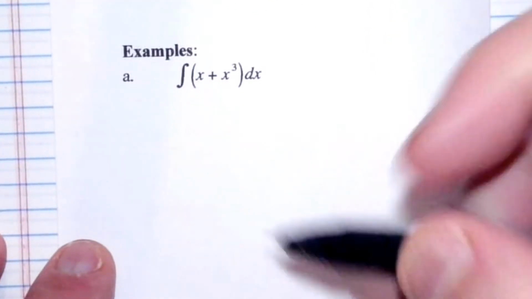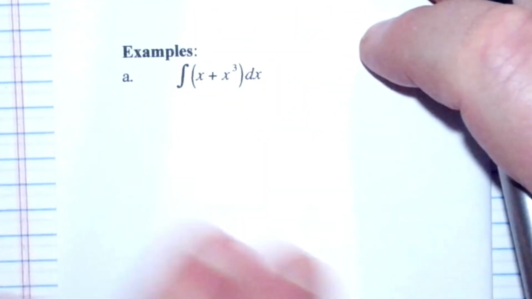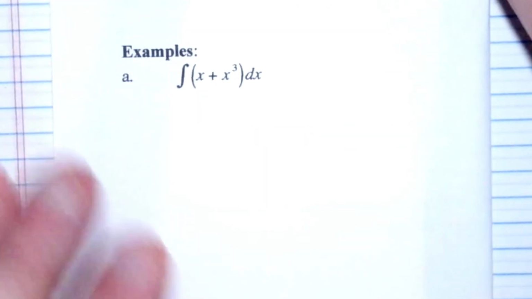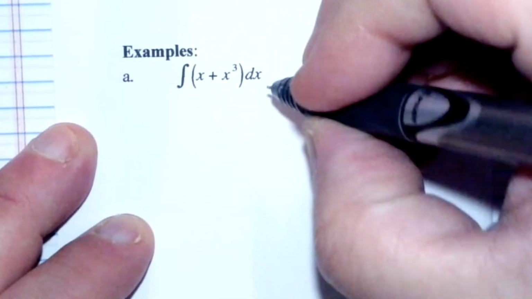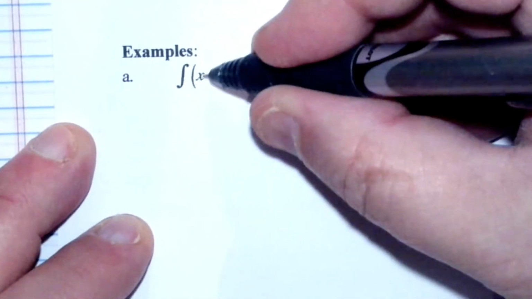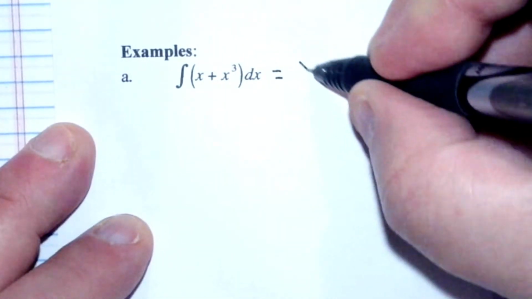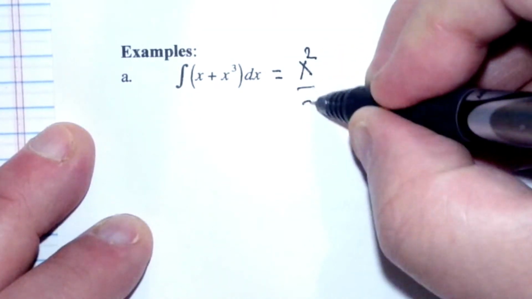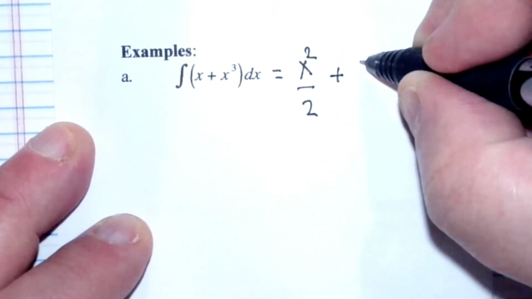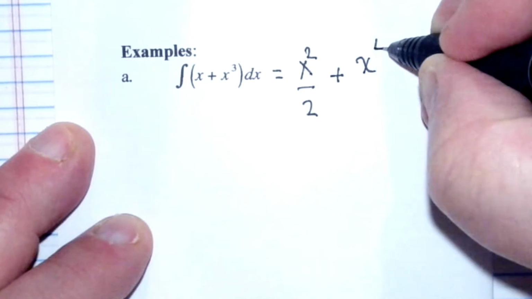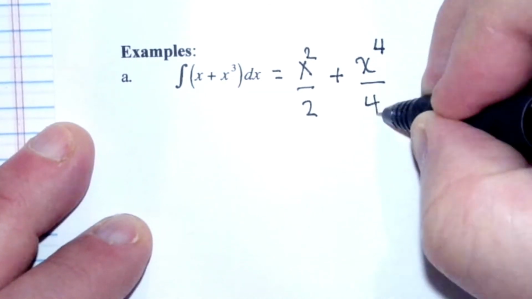So in this case, we are asked to find the indefinite integral or antiderivative of x plus x cubed. So we can say, well, the antiderivative of x would be x squared over 2. We've already done that one. And then the x cubed would be x to the 4th over 4.